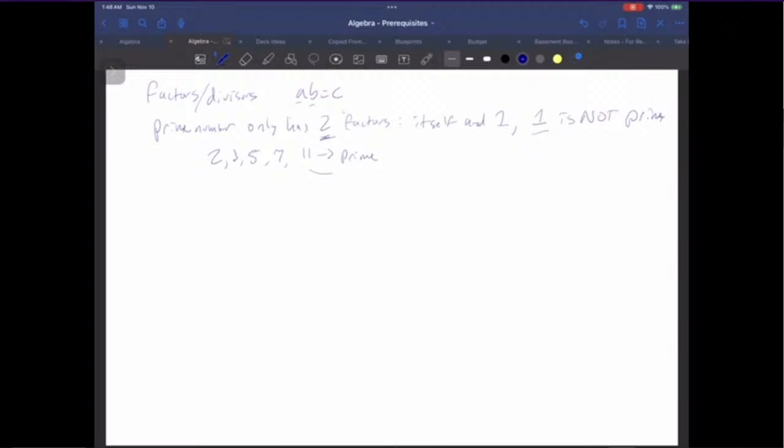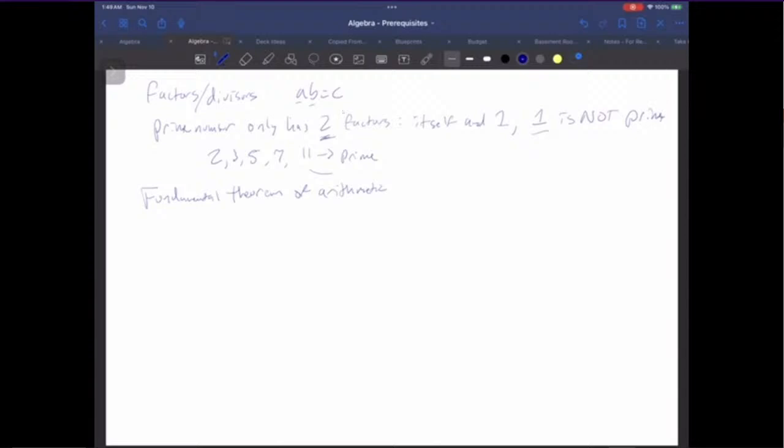The fundamental theorem of arithmetic states that every positive integer greater than 1 can be written as the product of prime numbers in precisely one way, if you don't care about how you order it.